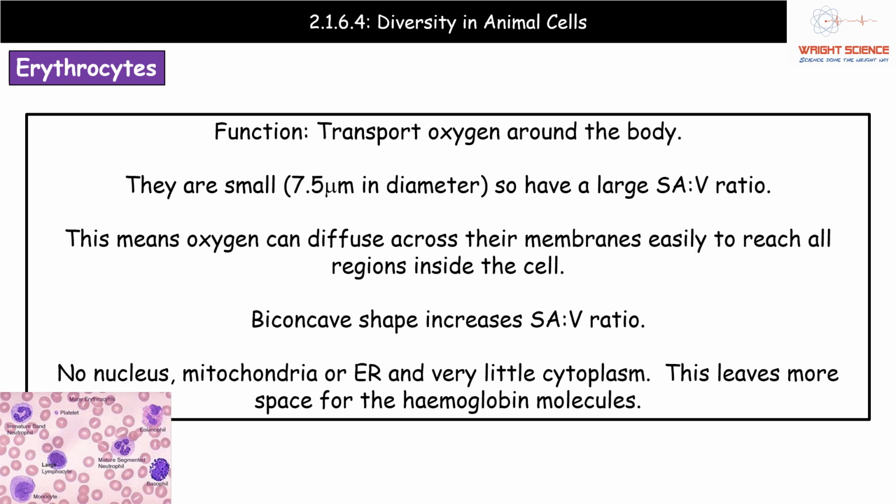So our first specialised cell is the erythrocyte. You would have learnt this as the red blood cell back in GCSE. We're now going to upgrade our terminology to erythrocyte.